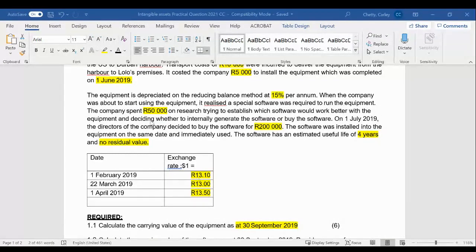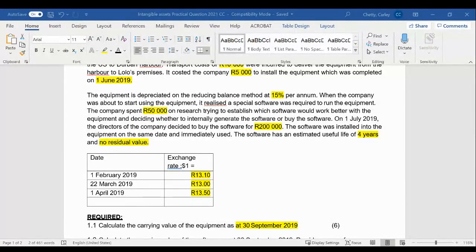And another thing is, if you look at the research costs, were they spent to research the equipment or to research the software? Okay, so if you look at the research costs, they were actually incurred to research the software. So they don't really relate to the equipment, because we need to record the equipment and the software separately.